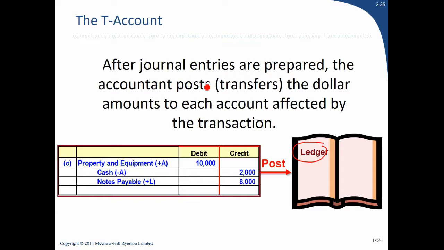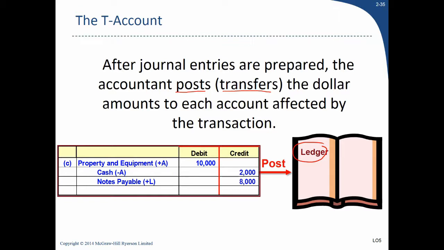After journal entries are prepared, they are posted or transferred to each account affected by the transaction. The account balances themselves are kept track of in the ledger, in the general ledger. Notice how this journal entry doesn't tell me what the beginning or ending balance of cash was.